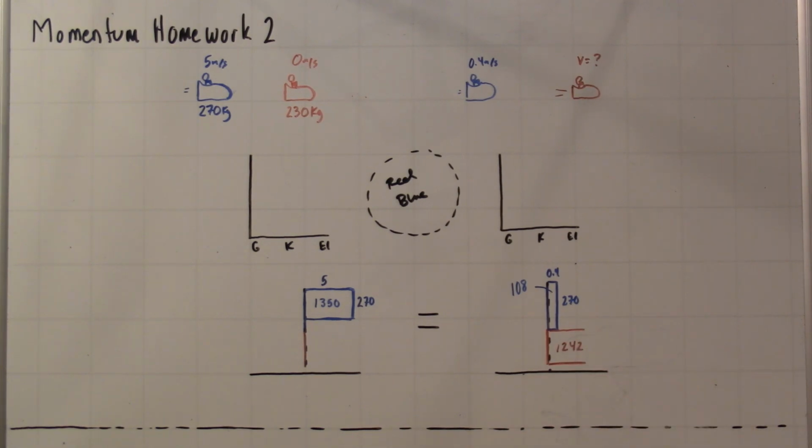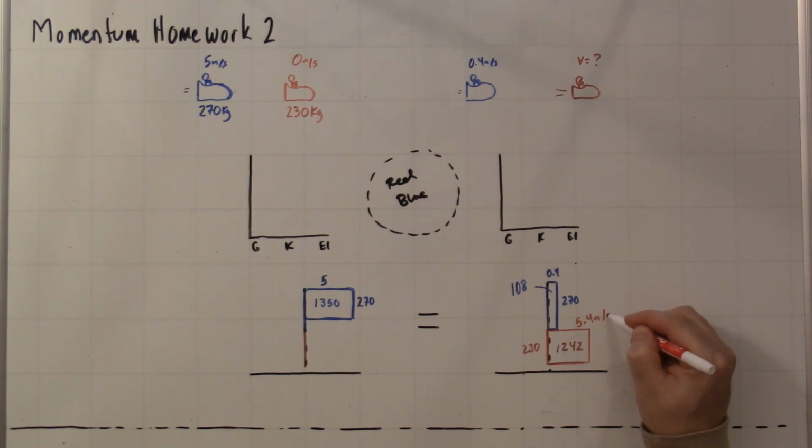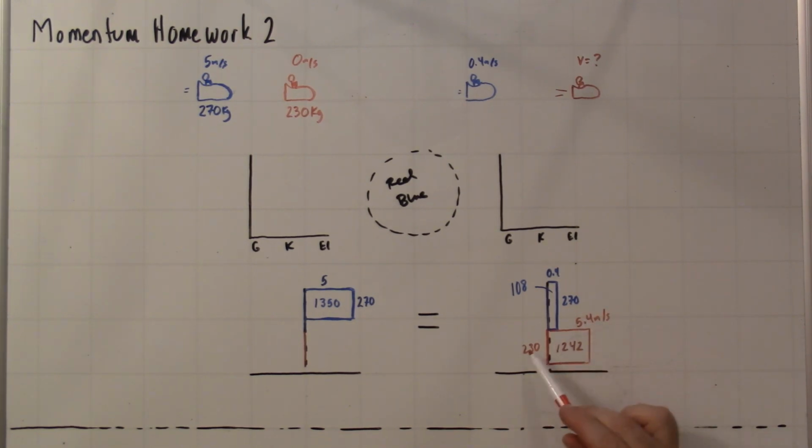Well, the area has to be 1242, and we know that the mass of this one is 230. What does the velocity have to be? Well, it turns out the velocity is 5.4 meters per second, because 5.4 times 230 is 1242.